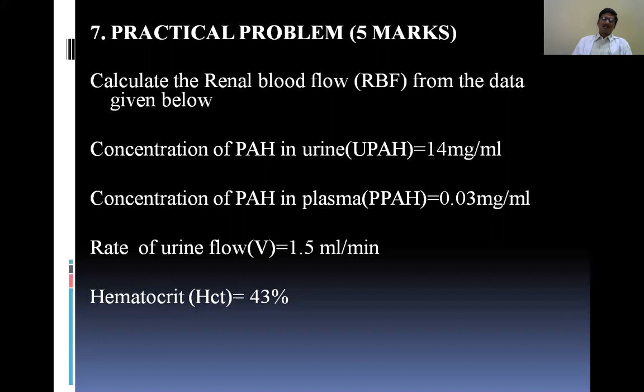Whether you use diodrast or para-aminohippuric acid, both can be used to calculate renal plasma flow. Values are given, and in this case also hematocrit is about 43. So, using the same formula, we can calculate both the RPF, that is the renal plasma flow, as well as the renal blood flow.